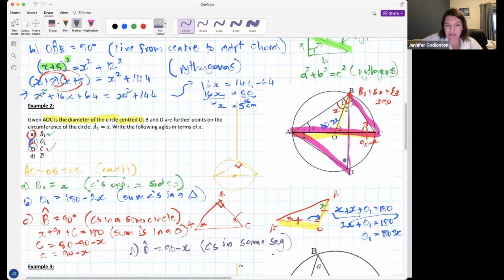I think because you guys are so smart, I'm going to ask you an additional question. You're all right. D is definitely 90 minus X. And I like your reason, angles in same seg. Who can give me another reason that you could have used to tell me that angle D is equal to 90 minus X? What would be another reason you could use? This will help you in your next question.